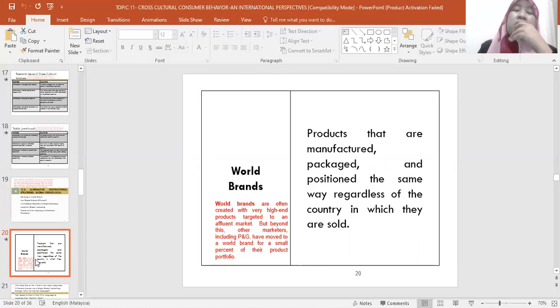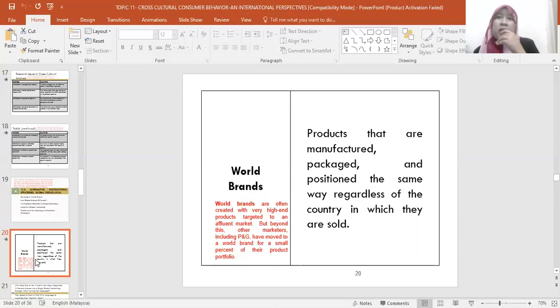We have to make sure this world product shows certain empathy, like wow, this is a product from an international country, an imported product, so it's quite rare. The manufacturer, the packaging, the position, and sometimes the language itself will be totally different.